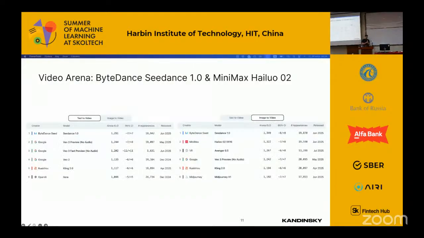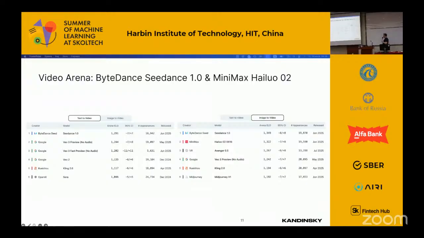And Google presented Veo 3 in May. Now it's July. And we see there is a great video arena where you can see the whole top of image generation models, video generation models, and so on.